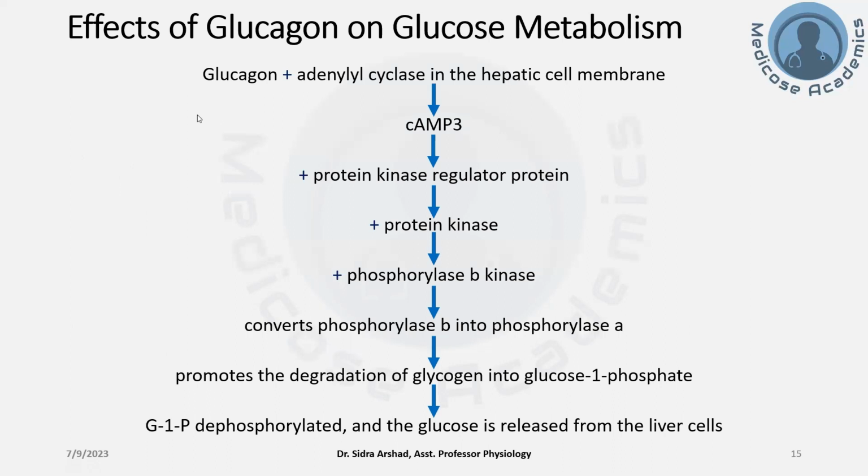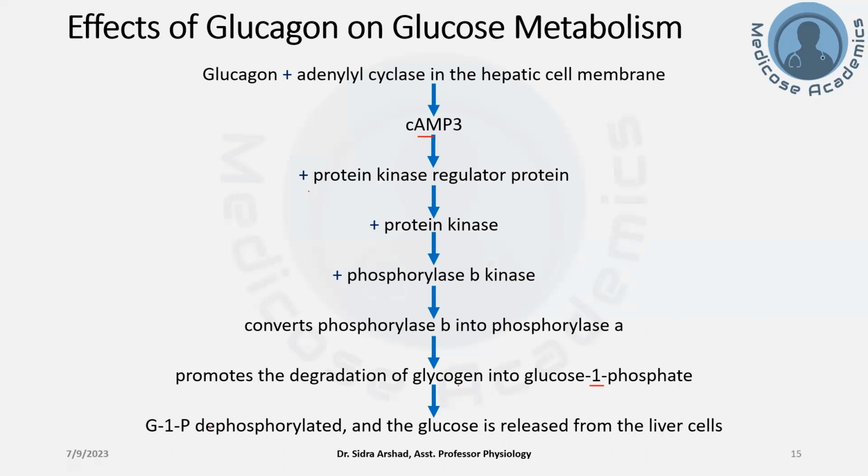So effects of glucagon on glucose metabolism follow the scheme that glucagon plus adenylyl cyclase in the hepatic cell membrane increases the levels of cyclic AMP. Cyclic AMP then activates the protein kinase regulator protein, which activates protein kinase. Protein kinase causes the phosphorylation, activation of phosphorylase B kinase, which converts phosphorylase B into phosphorylase A. This phosphorylase A promotes the degradation of glycogen into glucose 1-phosphate.